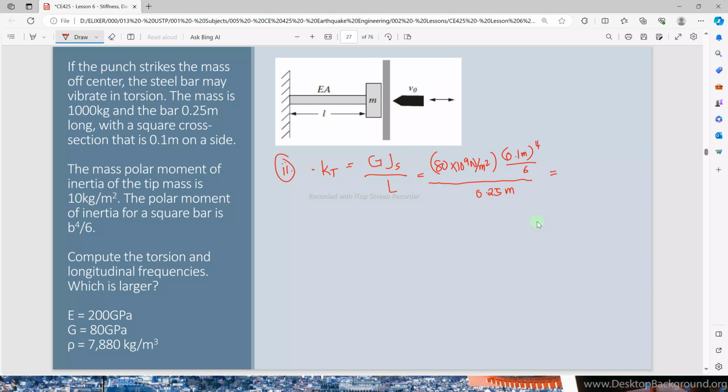Here we will have a result equal to 5.33 times 10 to the 6 Newton meter per radian.